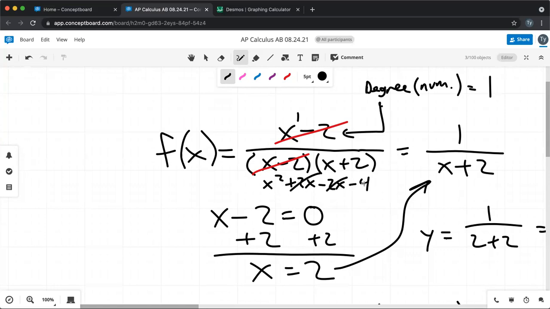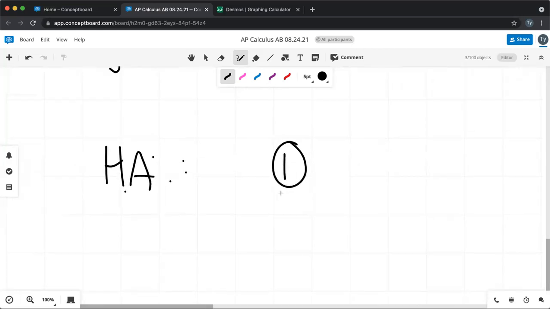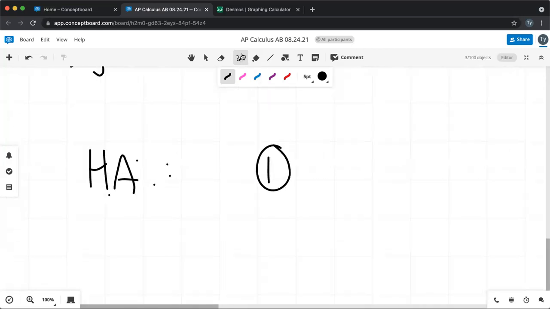We're not really worried about what this says. We're worried about the largest exponent, which we see is 2. So the degree of the denominator here is 2. Okay, so degree is just look at your x's or whatever variable you have. It's the highest degree. All right, the highest power, excuse me. That's what we call the degree.